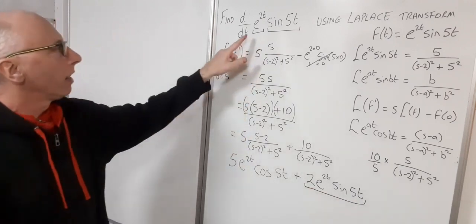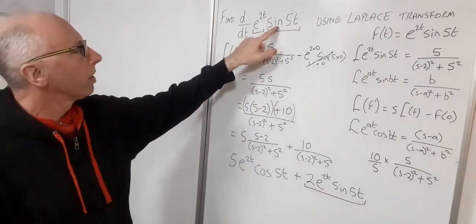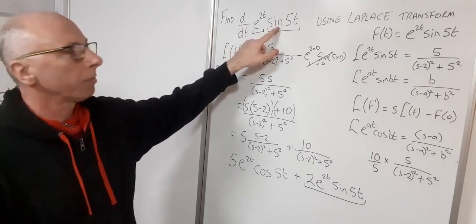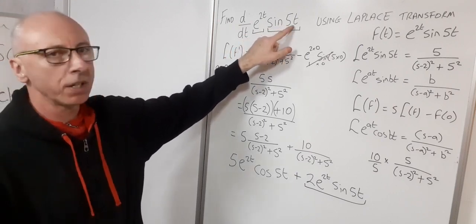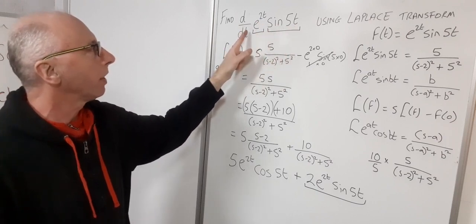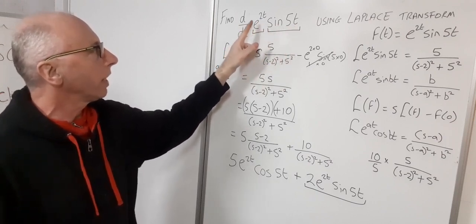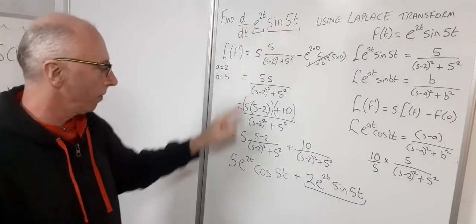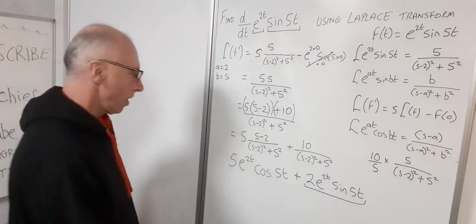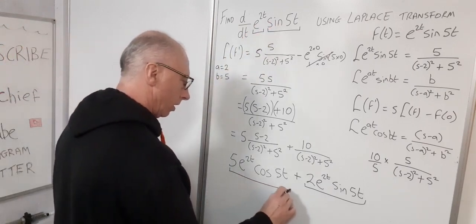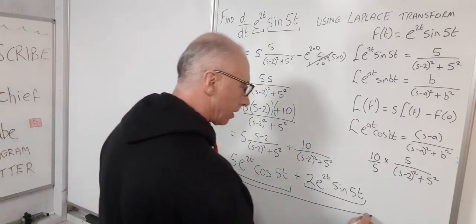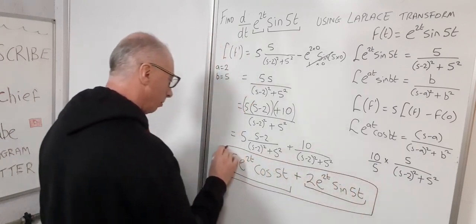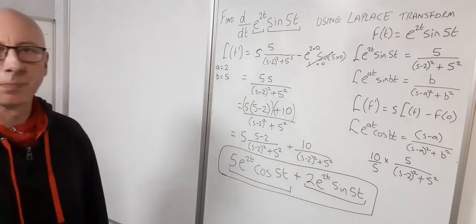And then if I take the derivative of sine 5t, that will give me cosine 5t, and then by the chain rule I'd have to multiply by 5. So then I've got 5e to the 2t cosine 5t. And that's what I've got there. Check. So therefore, that is my result by Laplace transform.